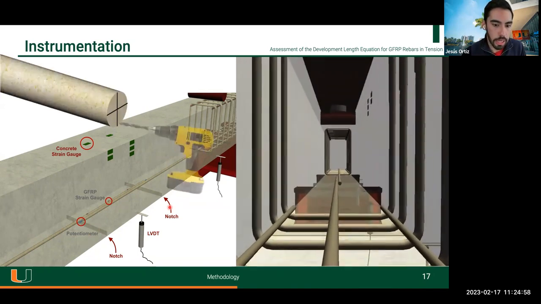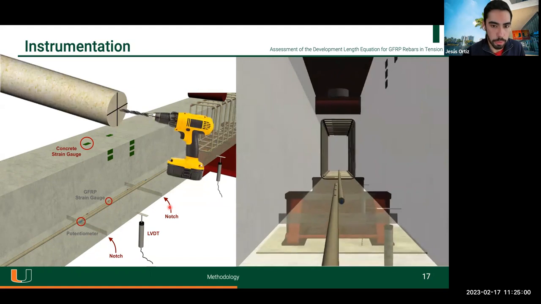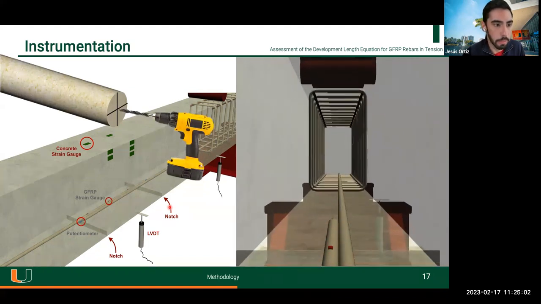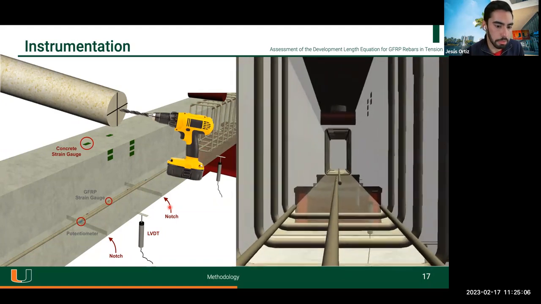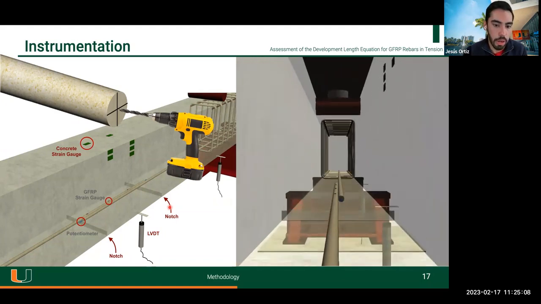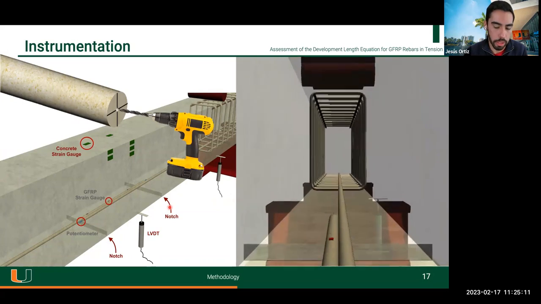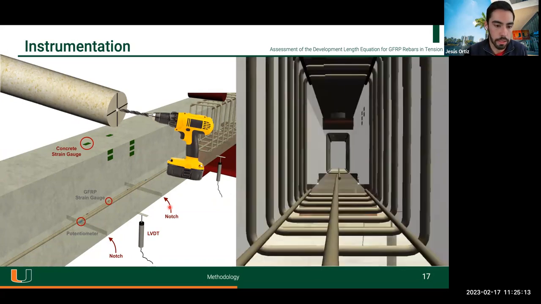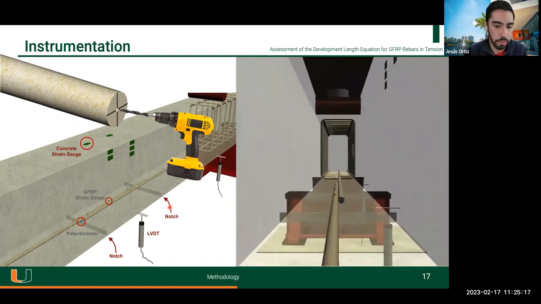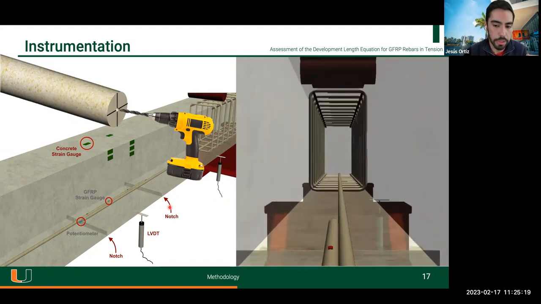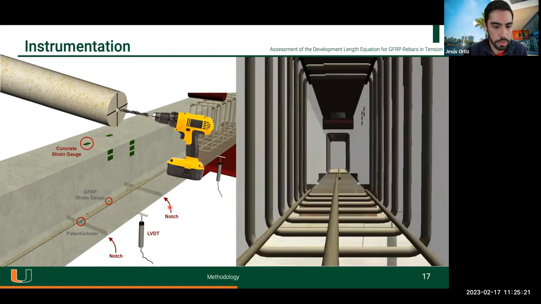Additionally, we installed a small potentiometer in the rebar to measure the slip, to know if the bar was moving. The procedure was simple but efficient. We drilled a hole in the center of the bar with enough tolerance to embed the shaft of the potentiometer. Before embedding the shaft, we applied some resin to ensure good adherence.